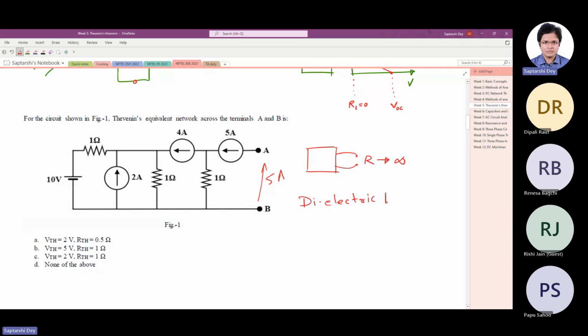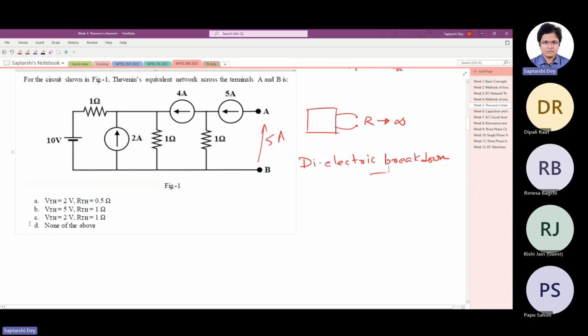What will happen is dielectric breakdown. The insulator that you have in between, say in this case air or maybe something else, that will start conducting, and it will cause a huge amount of power loss. The circuit will fail.